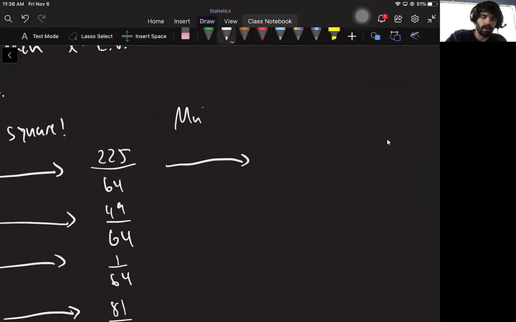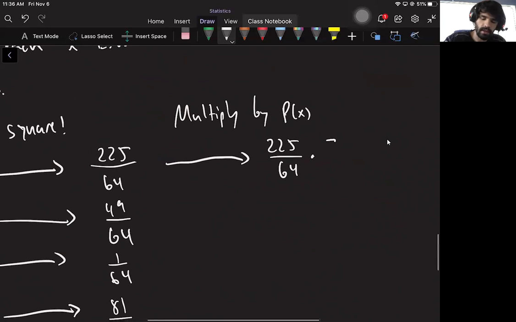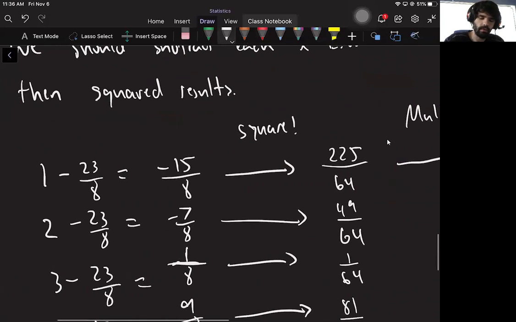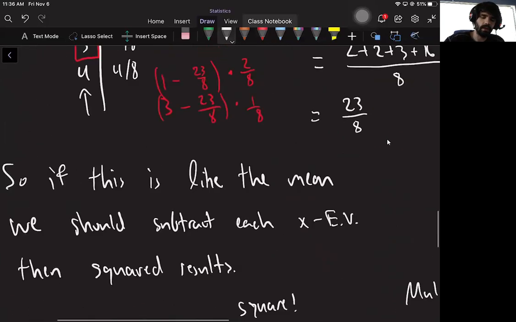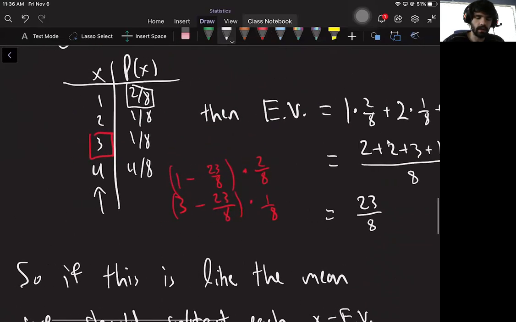Okay, so I'm going to multiply by the corresponding probability for that data point, for that possible value of little x. So this one I'm going to multiply by 2/8 because it came from the 1, which had a probability of 2/8 associated to it, and so on like that.